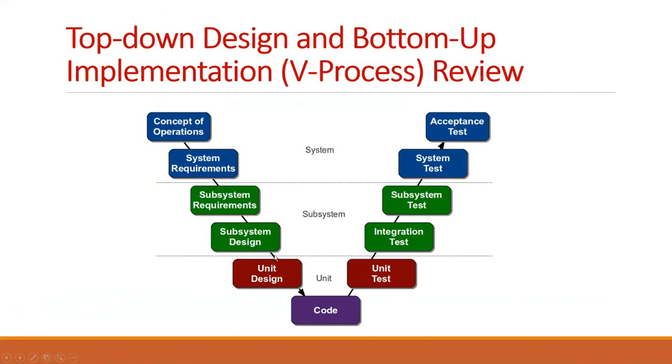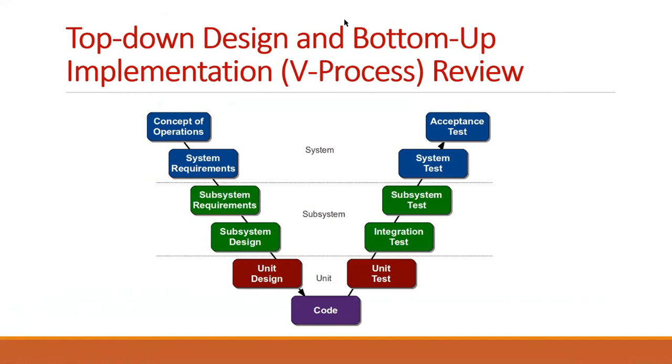After you finish the design, you do coding. And then after you finish the coding, you test some units, and then you gradually build up a larger system and test it step by step. And then eventually go to system test. And when you finish the system test, you go to acceptance test.